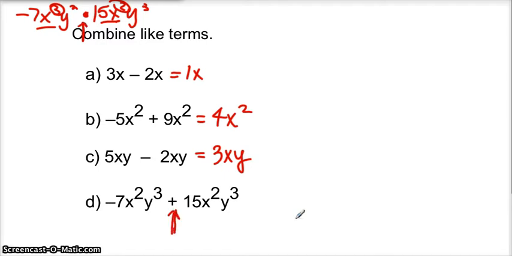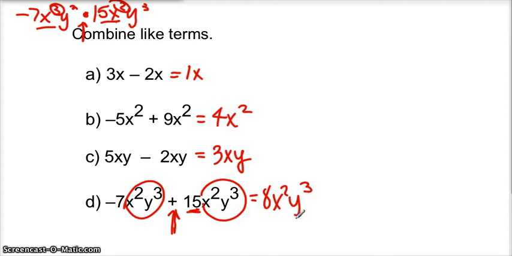Here, all we're doing is combining like terms. There are negative 7 of these things and 15 of these things, so that means there are, I don't know, how many of these things? There are positive 8, x squared, y to the thirds.